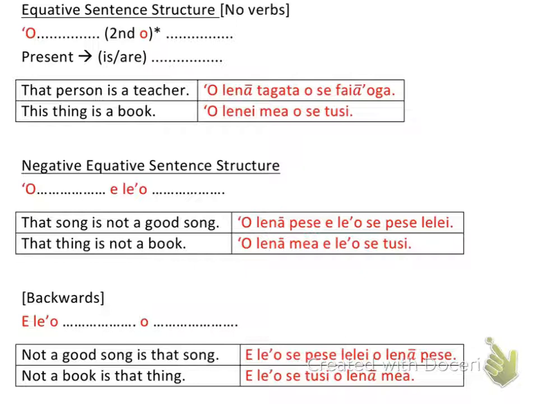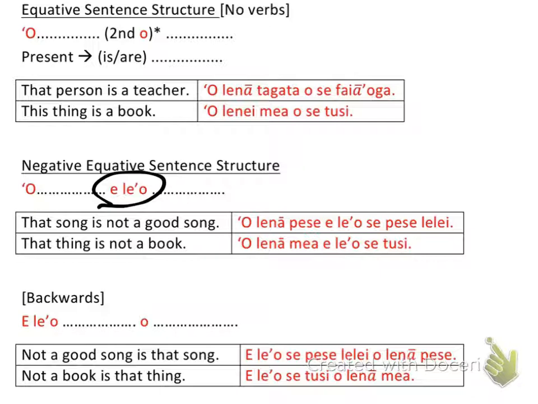Okay, so now we're going to be talking about the negative equative sentence structure. So this is statements like, this thing is not this thing, okay? Or you're presenting a noun phrase and you're saying it's not this, okay? So the way that you do that is you use, again, that particle O right here, and then we'll have a noun phrase, and then we have this ele again, we're negating whatever it is, okay?